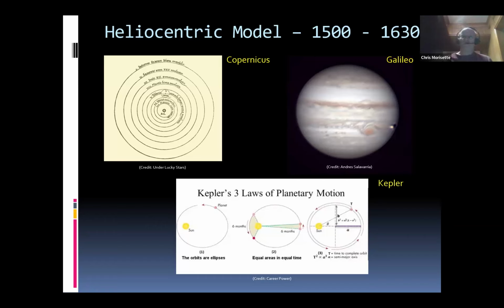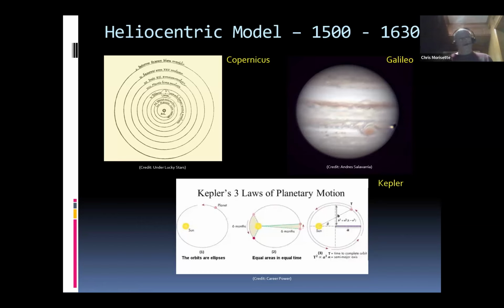The picture on the screen is a picture of Jupiter, and on the right, you can see one of Jupiter's moons and the shadow of the moon transiting in front of Jupiter. These observations directly challenged the geocentric model because now something was not orbiting the Earth; it was orbiting another body. So that was a key finding in support of the heliocentric model.